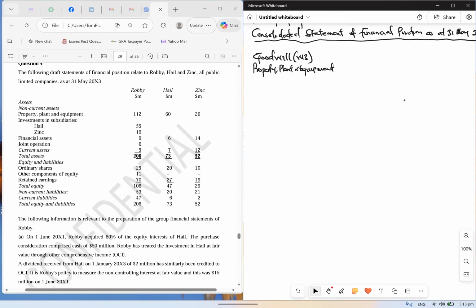Then you have the investment. Of course, there are names attached to it, so everything is meant to vanish. You have financial assets. You have joint operation there. You leave 2 spaces, anything can happen, like I always say. You have your current assets all together. So you will have your total assets.